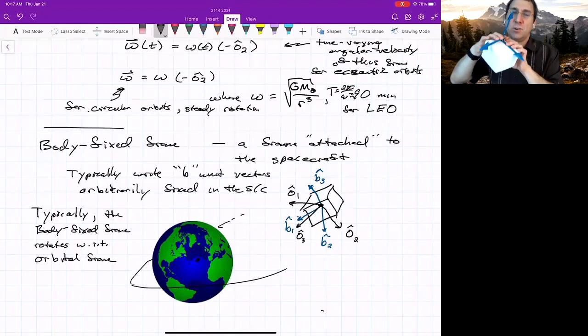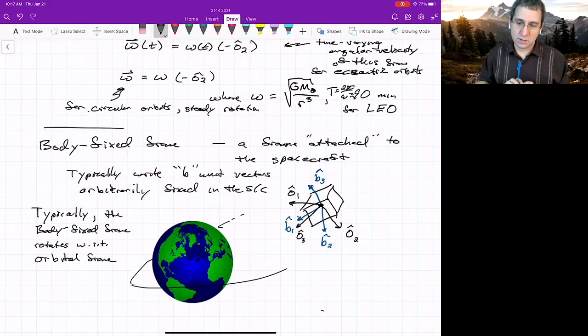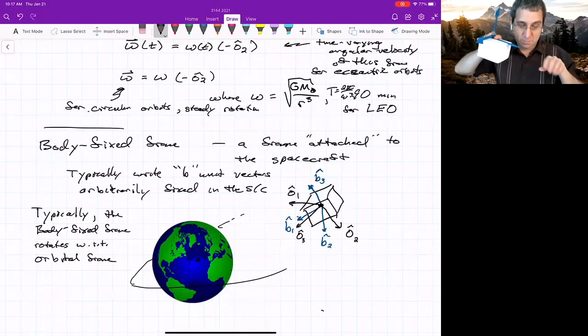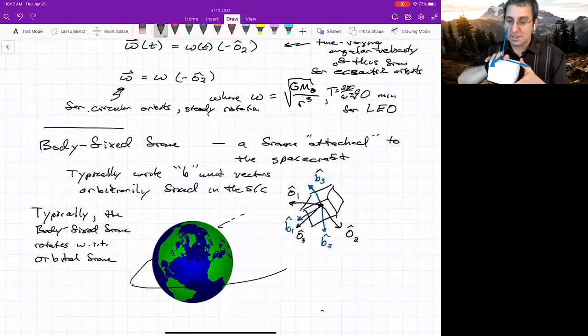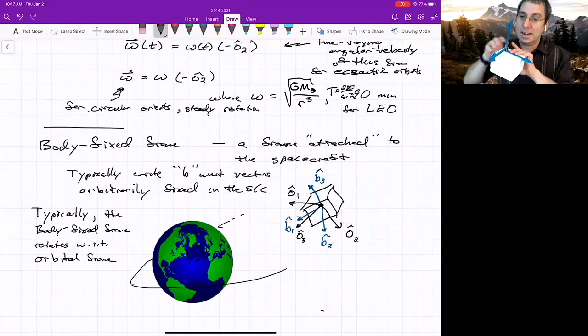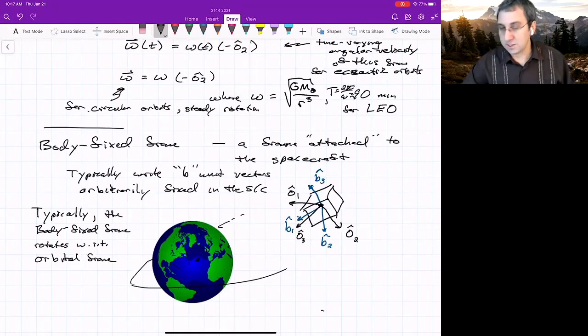And why do I need to know my orientation? That's sort of the essence of the spacecraft attitude, dynamics, and control. I need to know it so that I could point instruments in the right direction, point communication apparatuses in the correct direction. I need to have solar panels. So here's another spacecraft.